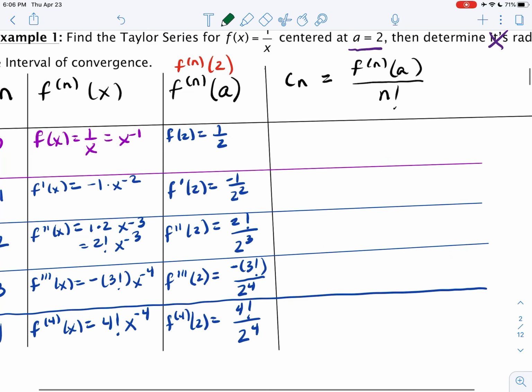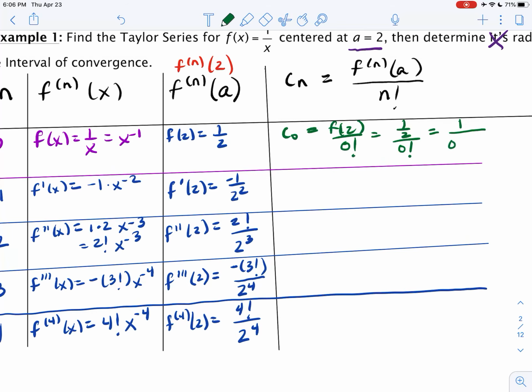So now I'm going to formulate my c sub n's, and now I see that my c sub 0 is going to be my f of 2 divided by 0 factorial, which is 1/2 divided by 0 factorial. Or, just establishing some patterns here, 1 over 0 factorial times 2 to the 1st power.